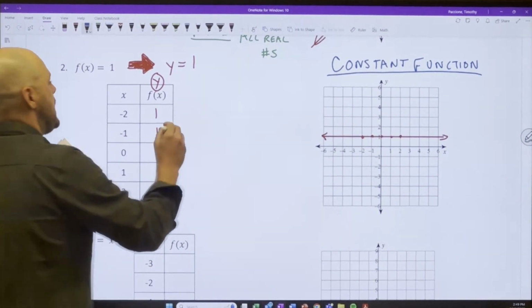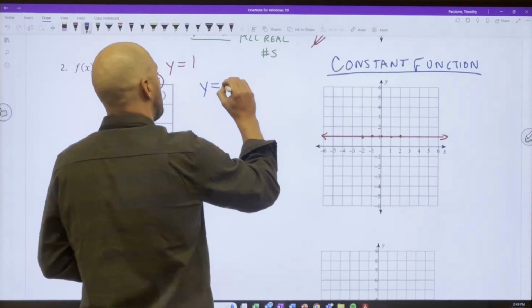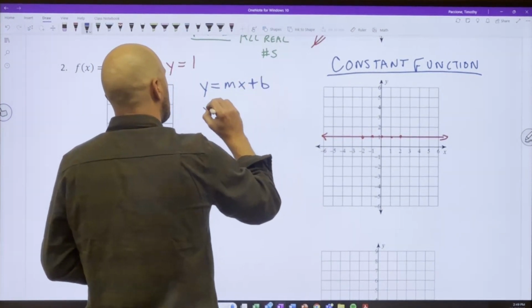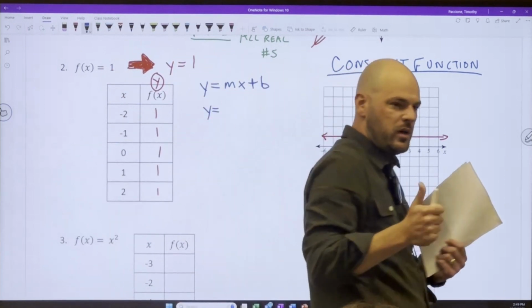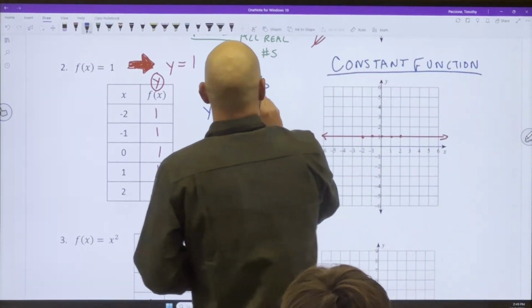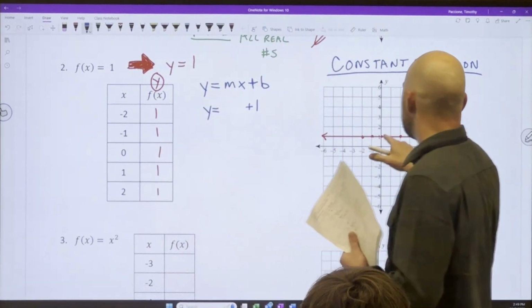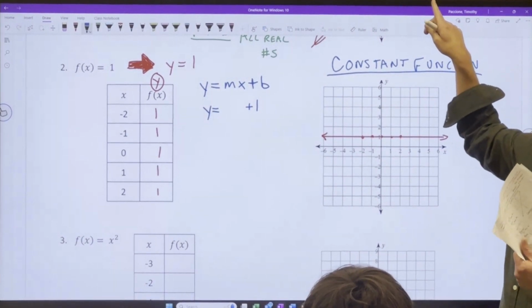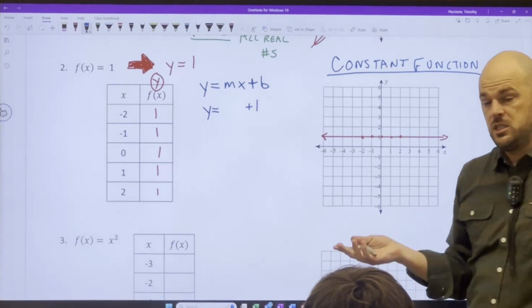And again, we're trying to say, hey, this is as simple as it gets, right? So let's think y = mx + b again. Let's start with our b. Where does that thing cross the y-axis? Where is the y-intercept? 1. So we know it's plus 1. And what's its rise over run? How much does it go up? 0. It doesn't, right? So its slope must be 0.